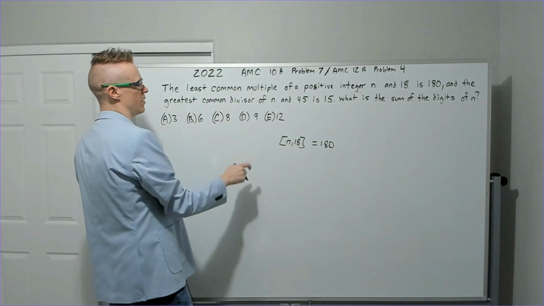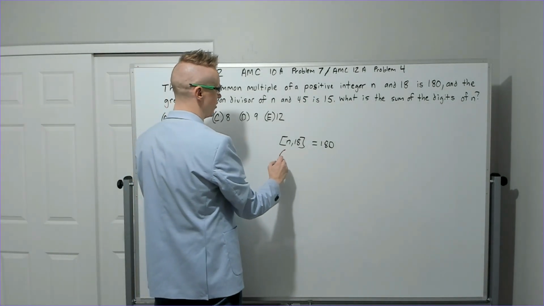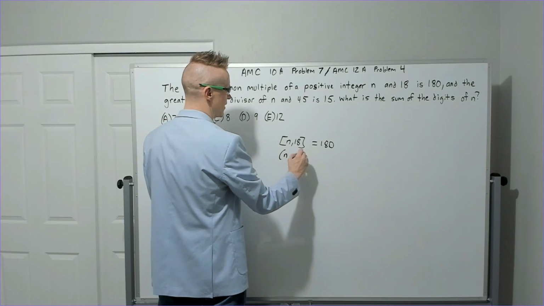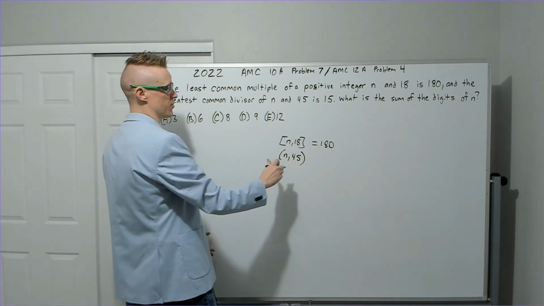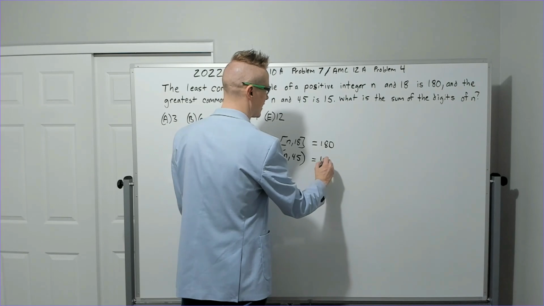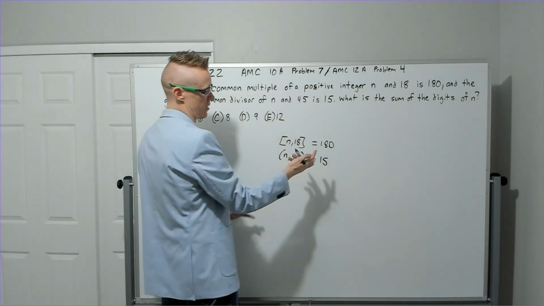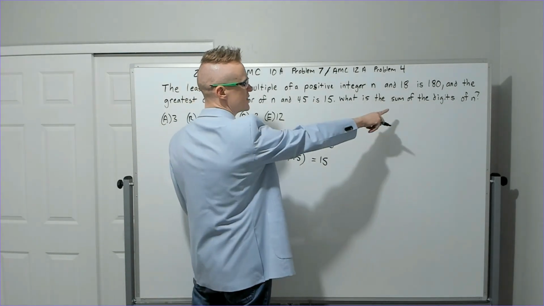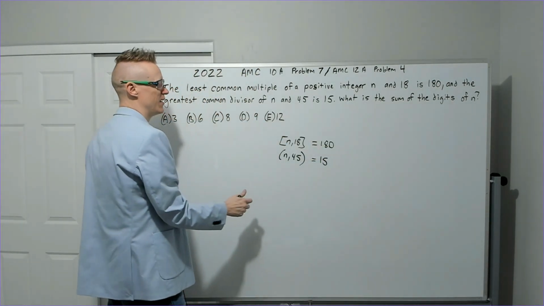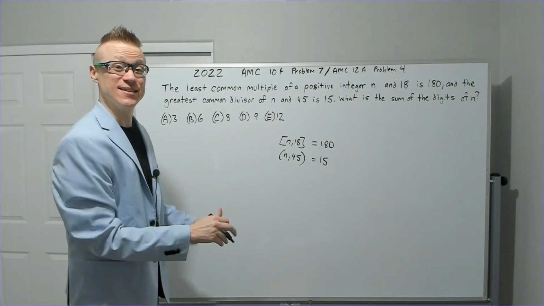And the greatest common divisor of n and 45, again, a common notation is parentheses, is 15. So this is just used in the AoPS books a lot. I picked it up from there. It's useful. What is the sum of the digits of n? So basically find n and then add up its digits.